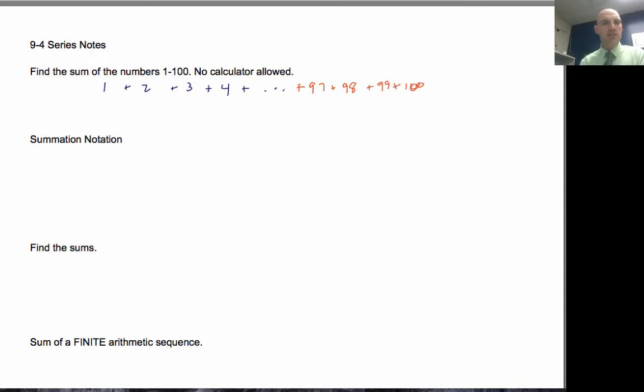And if I look at these numbers and I say to myself, if I add the first and the last, I get 101. If I add the second and the second to last, I get 101. And so essentially what Gauss did was he rewrote the numbers like this. He wrote 1 plus 2 plus 3 plus 4 and so on and so forth, and you can rewrite it in this way.